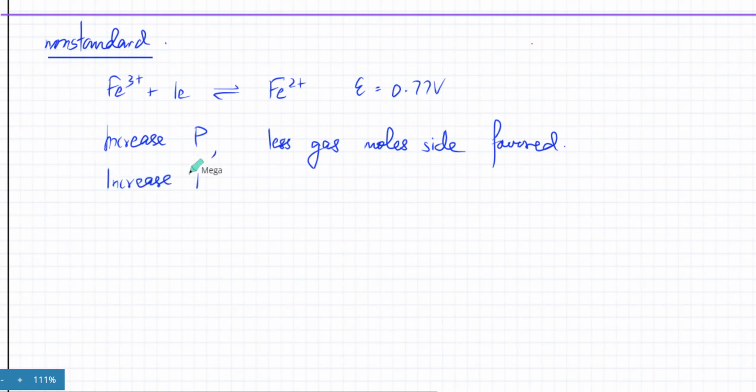If you increase the temperature, then the equilibrium is going to shift to the endothermic reaction. It's going to favor the endothermic reaction. So one of the reactions is going to be favored.